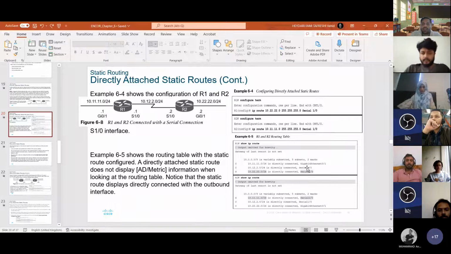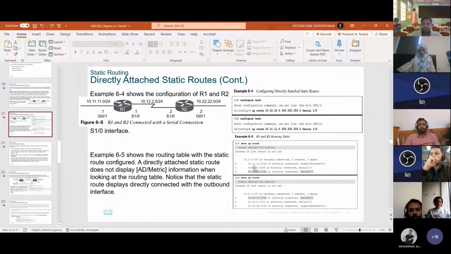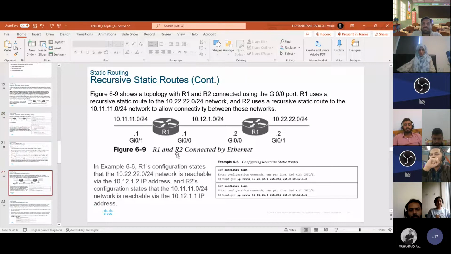They need to consult their routing table to find out the exact IP to which they need to send packets destined for 10.22.22.0/24. So with recursive static routes, we say, I don't want you to go searching for what serial 1/0, for instance, is. I tell you exactly what the IP is for the next hop. Therefore, if you have a packet for this network, right away send it to this next hop IP. You don't need to do a lookup as such. The recursive route already gave you all you need.